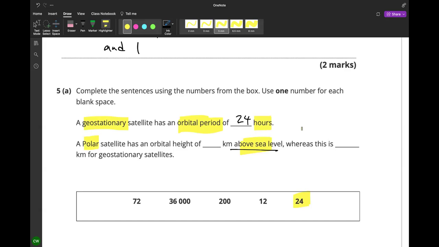Where is this polar satellite? How many km? 200. Okay, write down 200 km.